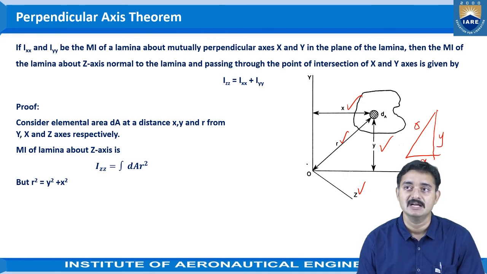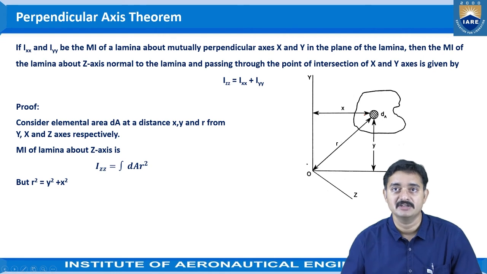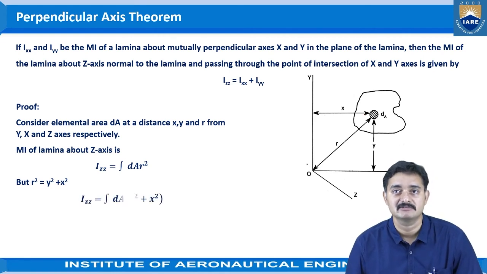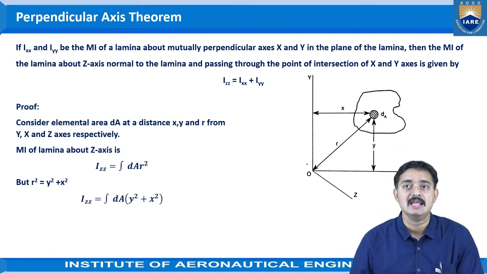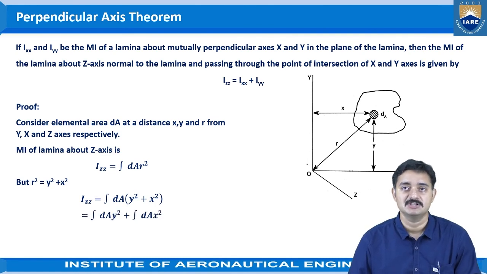So r square is equal to x square plus y square, or y square plus x square, right? Using this equation, we can easily convert r square to y square plus x square, so Izz is equal to integral dA (y square plus x square). When you distribute, it is integral dA y square plus integral dA x square.